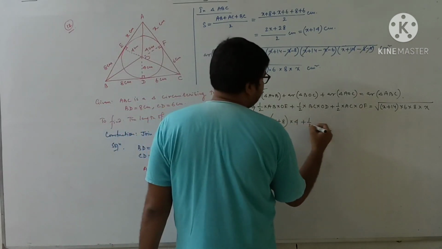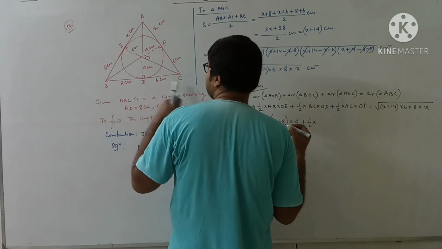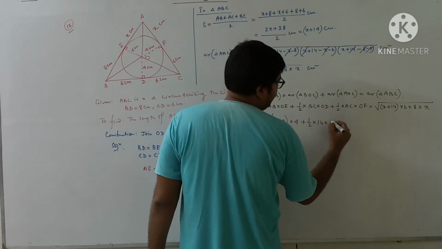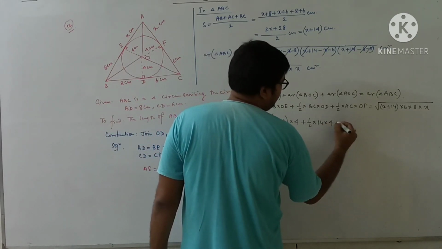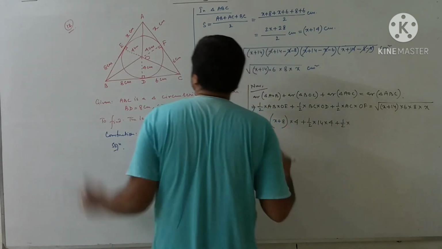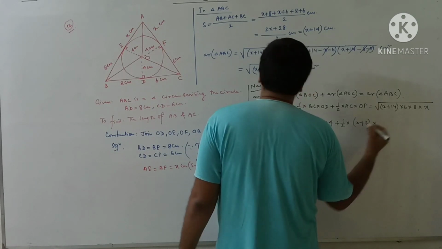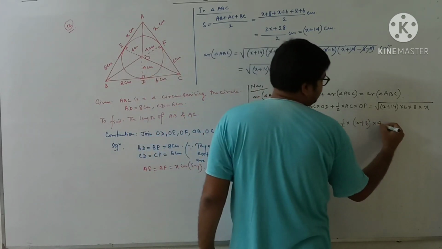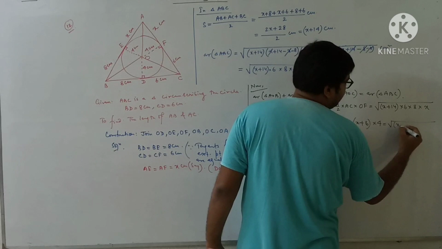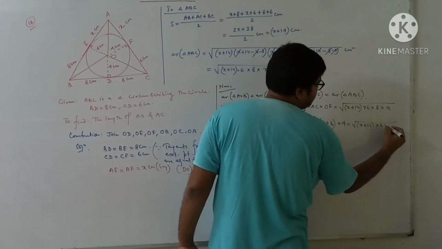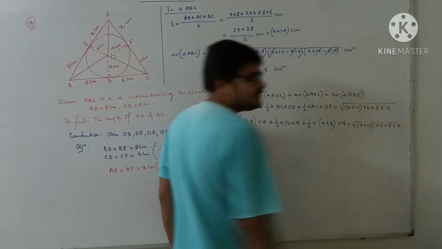Now half into BC means 8 plus 6, that means 14, OD is 4, plus half into AC means x plus 6 and OF means into 4, that is equal to root over of x plus 14 into 6 into 8 into x.